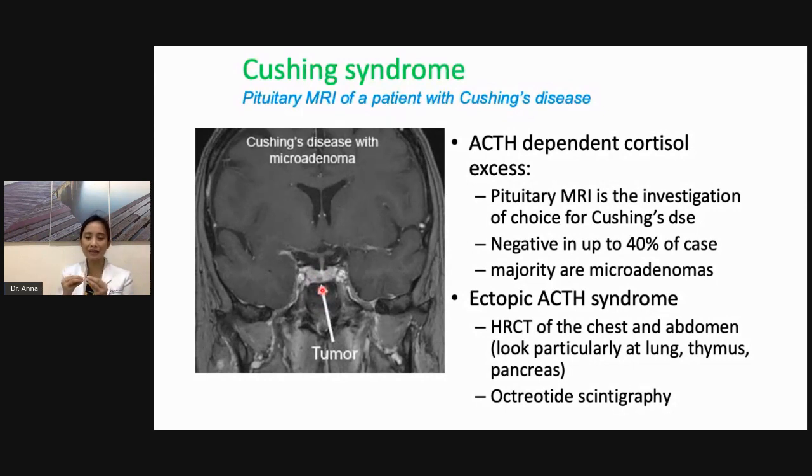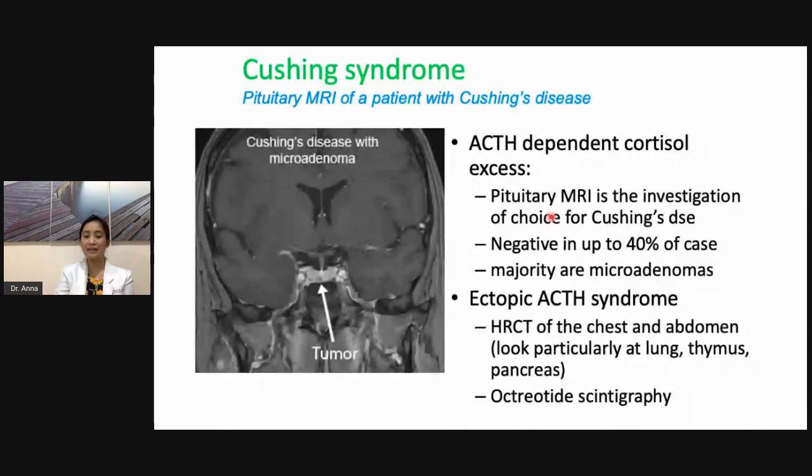It's still confined within the pituitary, so it's less than 1 cm. So it's called a microadenoma. So usually Cushing's ACTH producing adenomas are very, very small. We don't expect a very big tumor in patients with Cushing's disease. So pituitary MRI is the imaging of choice.